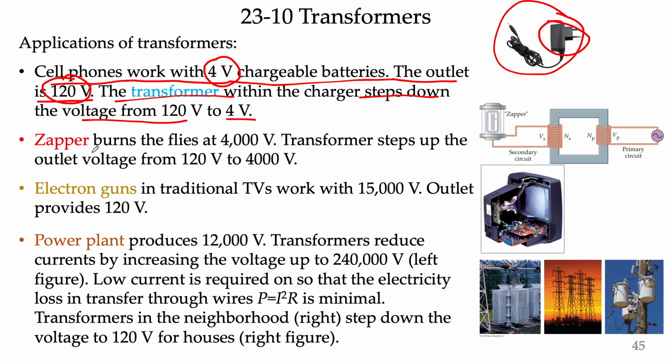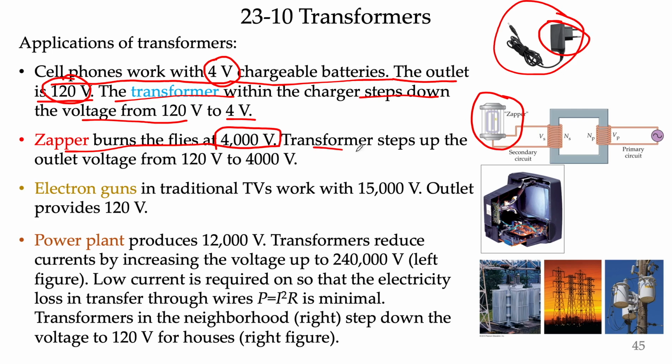Okay, what about the zapper? Zappers are devices used outside, maybe on the balcony. They are high voltage devices where bugs or flies come in and get zapped, basically burned. Why does it burn? Because it's a high voltage, 4,000 volts. How do you get 4,000 volts from the wall, which is 120 or 220 volts?